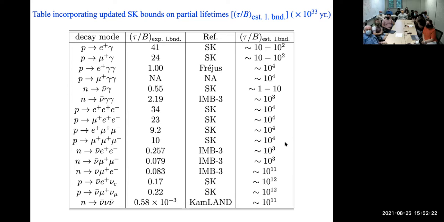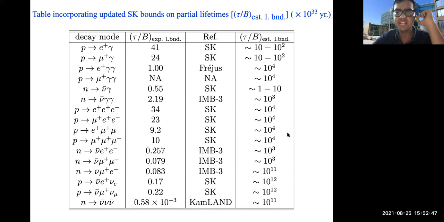Yeah. But are you going to say that the current experimental limits are in agreement with theoretical estimates and allow the existence of this decay with a little bit more experimental effort? What's your message?